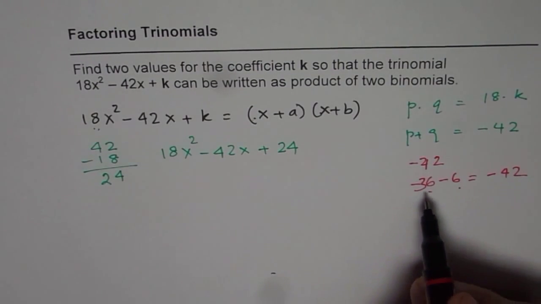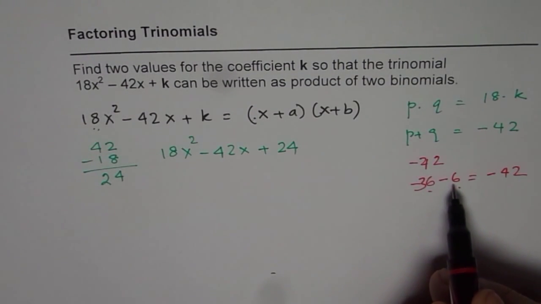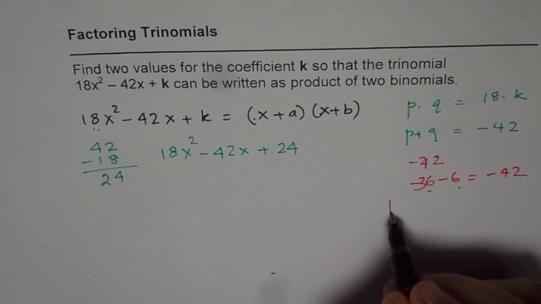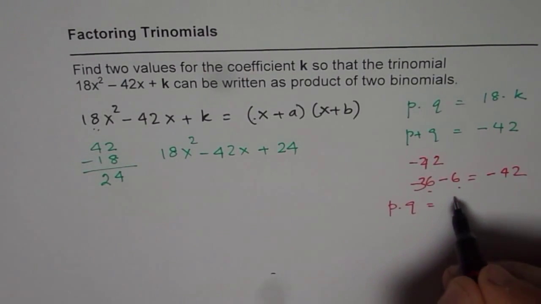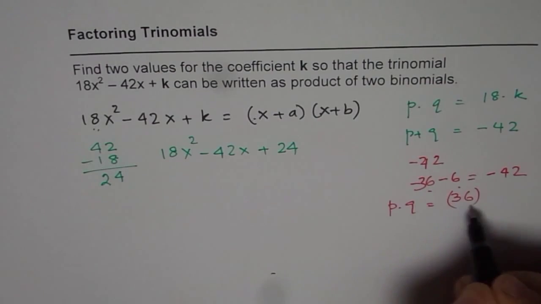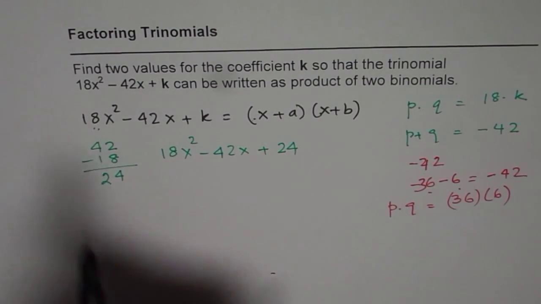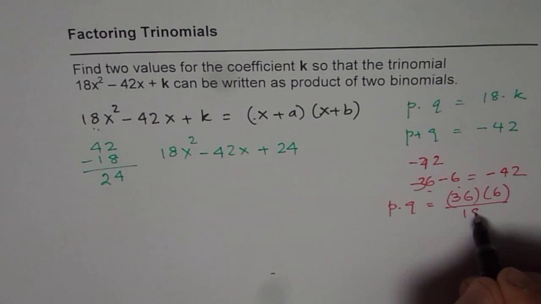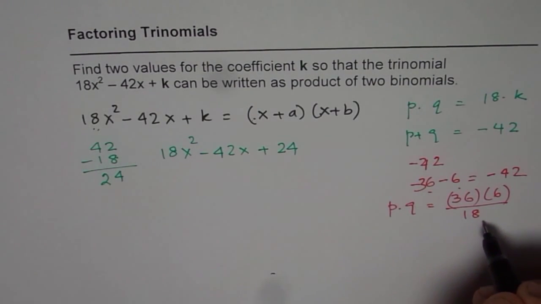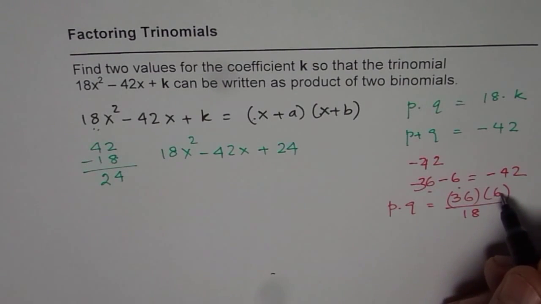That means product is 36 times 6, correct? So I need a product of two numbers p and q as 36 times 6. I already have 18, right? So I'll write 18 here. So I need to find what should be k to give me 36 times 6, right?